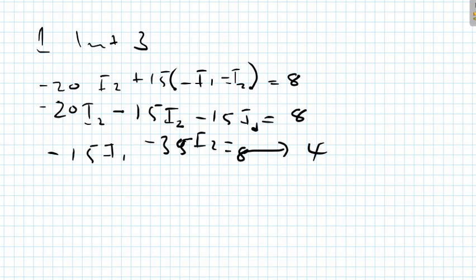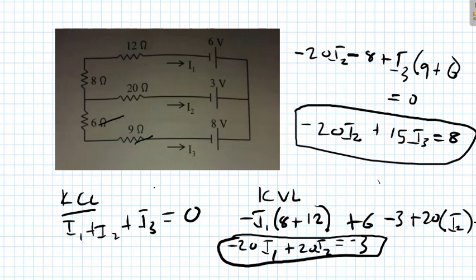And if we solve equation 2 and equation 4 simultaneously, remember the other equations that we found. We have this equation as our equation 1, this one as equation 2, and this one as equation 3.